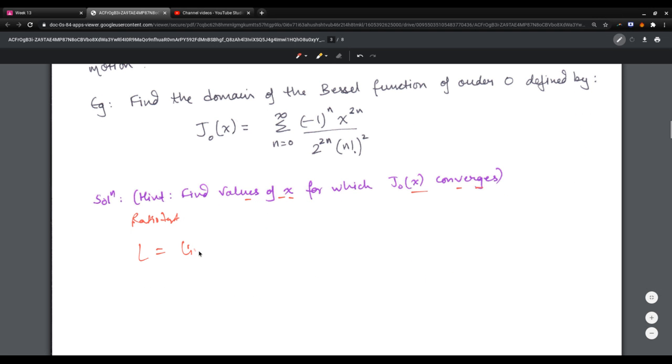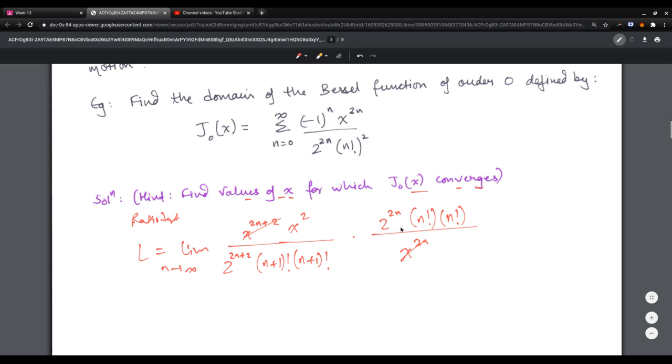If I resort to the ratio test, this is going to be the limit as n goes to infinity of x to the 2n plus 2 over 2 to the 2n plus 2 times n plus 1 factorial squared, which I can rewrite as n plus 1 factorial times n plus 1 factorial. And it's a division, so I flip the second fraction, which is basically the nth term. And the first thing I notice, this cancels out, leaving me with an x squared.